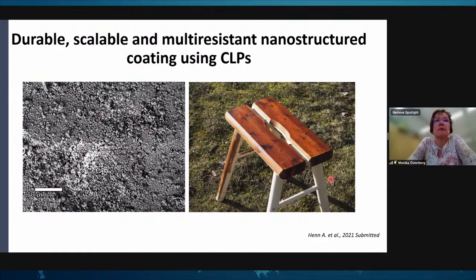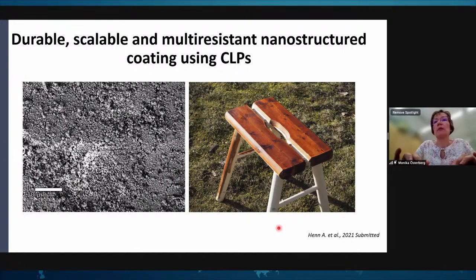Okay, we have also used these lignin nanoparticles to make coatings that we found were both durable and multi-resistant. So they were resistant to UV. They could protect against UV degradation and protect against water, and also solvents did not affect this coating.